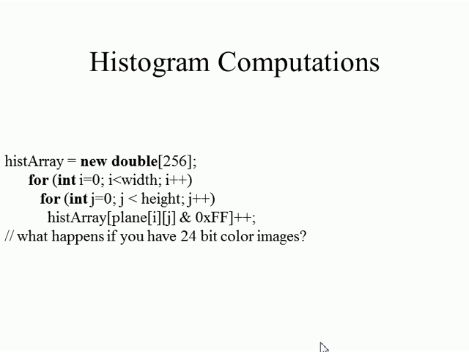Let's do a computation for a cumulative mass function. What we're going to do is go through each pixel in the plane of x and y, or i and j in this case, and mask it with the number 0xff, which is 255.